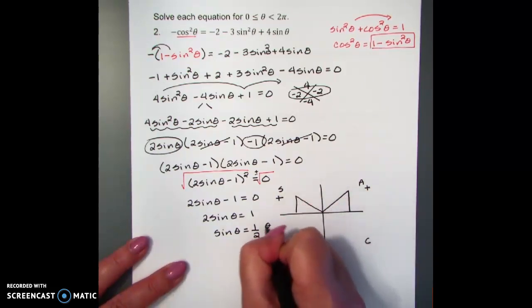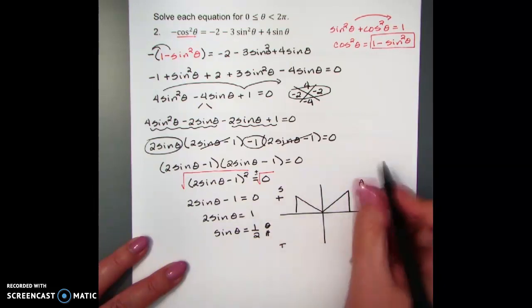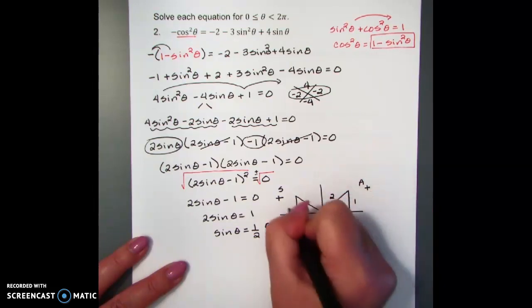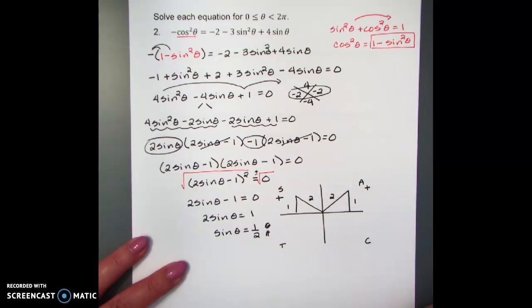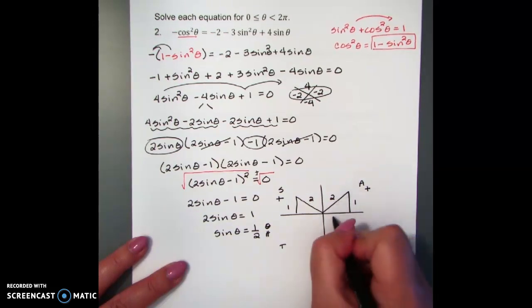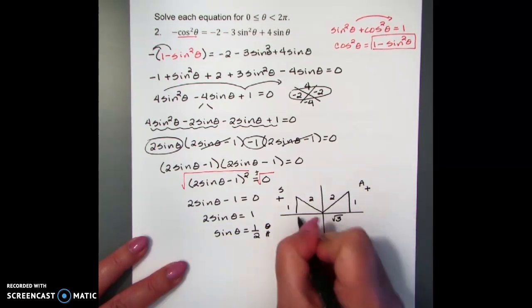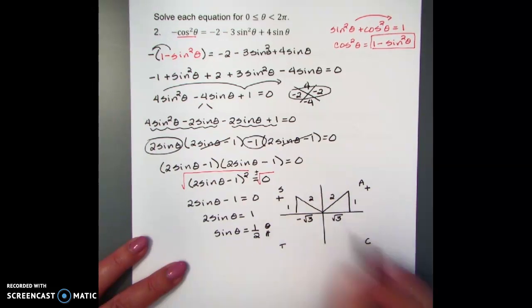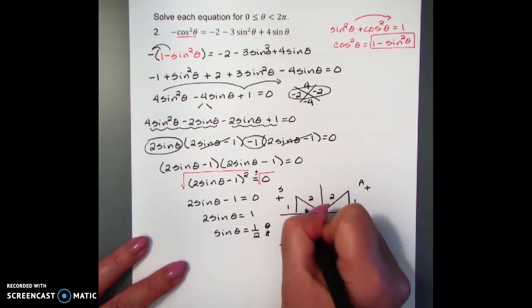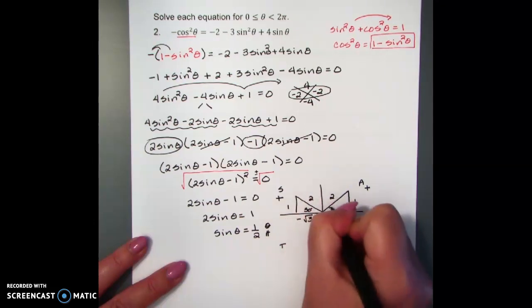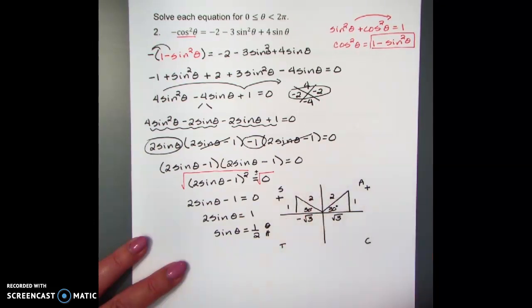And since this is opposite over hypotenuse, my opposite is 1 and my hypotenuse is 2. So I happen to notice this is a 30, 60, 90 triangle, so this would be root 3, and this would be negative root 3 because it's going to the left. So my reference angle value is going to be 30 degrees.